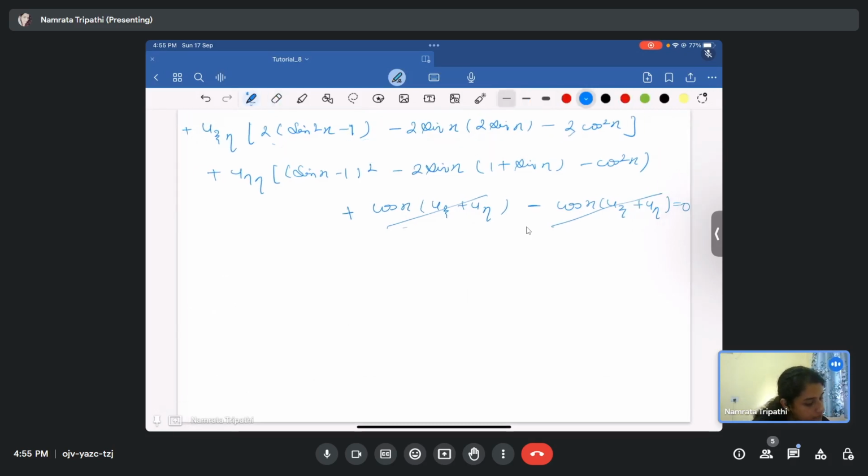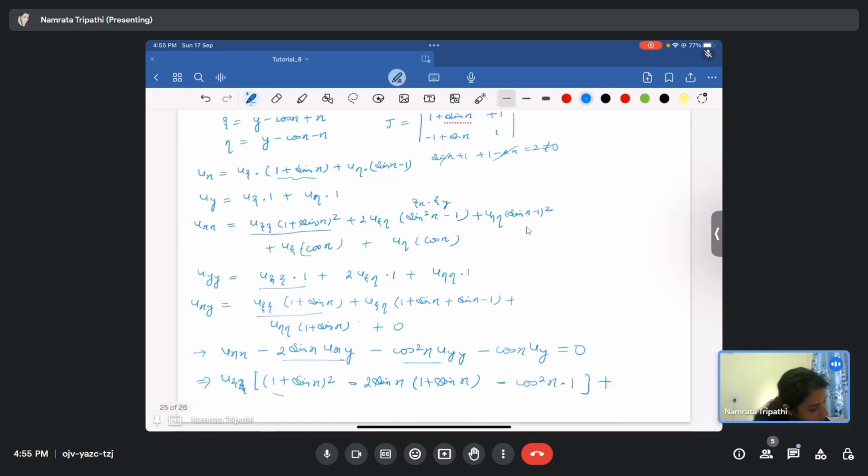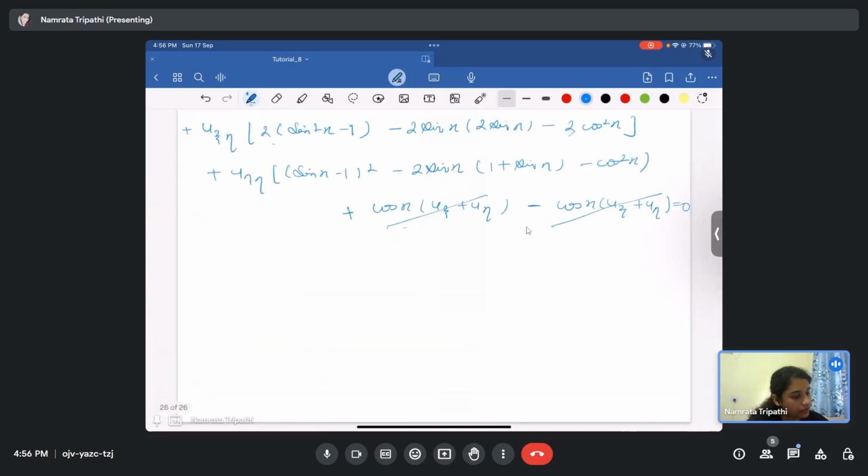The first term is 1 square plus sine square minus 2 sin x minus 2 sine square, so this will become 0, you can check. And after calculating this, you will get minus 4.